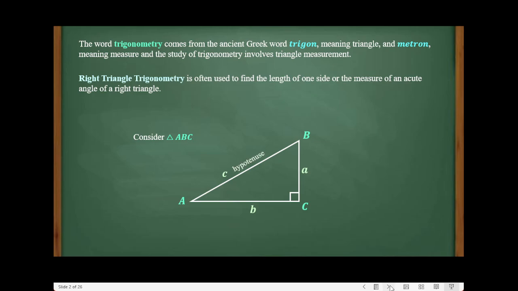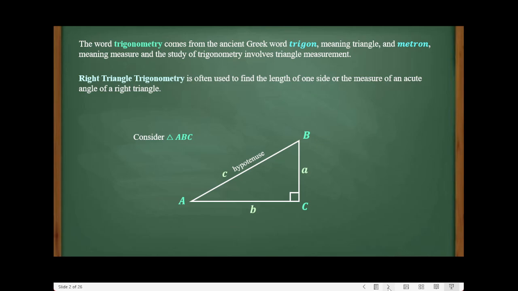Recalling what I have discussed about right triangles, the longest side is the hypotenuse. The other two sides are the legs.